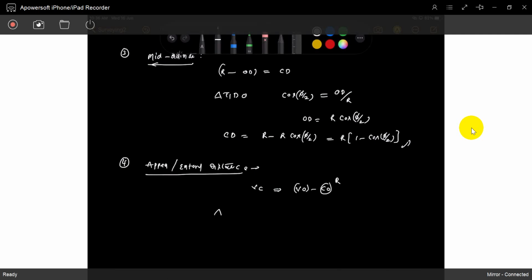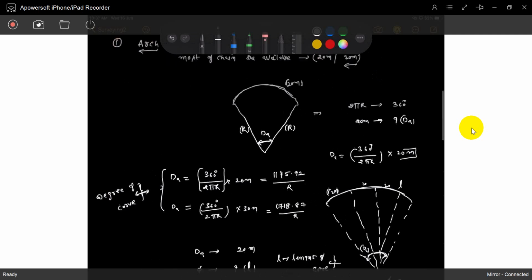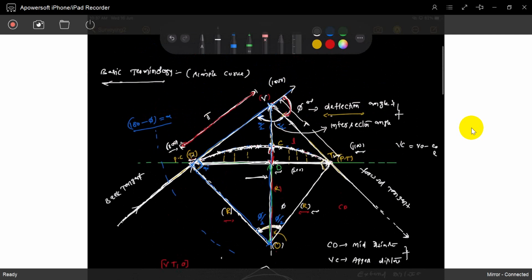For the VO, V, T1, O is a triangle. So for the triangle, cos phi by 2. V, T1, O is a triangle, it's 90 degrees. Cos phi by 2, what is that? VO divided by R.